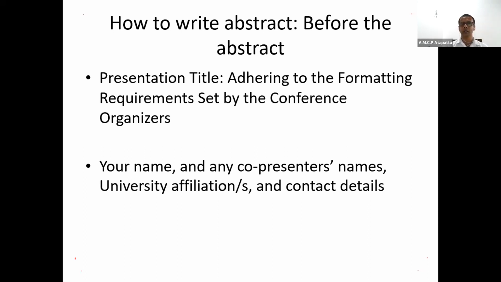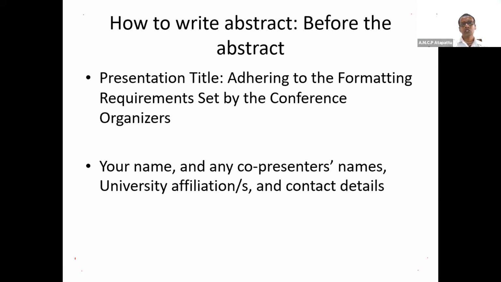Or maybe it is a combined paper, then the co-presenters, 2 or 3 authors, their names, affiliations, and emails you can provide as the contact details. All these you provide before starting your abstract. Right, the emails and all this you can put in italics, no problem.